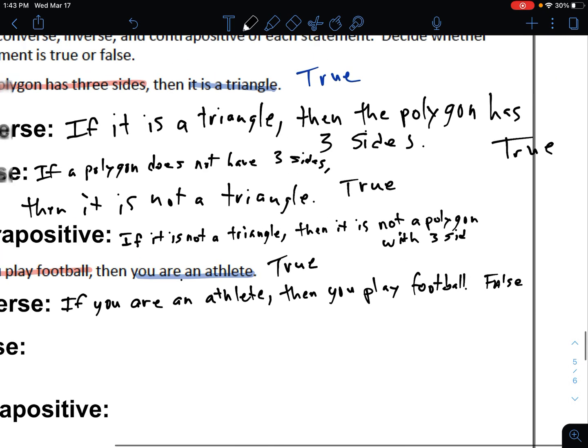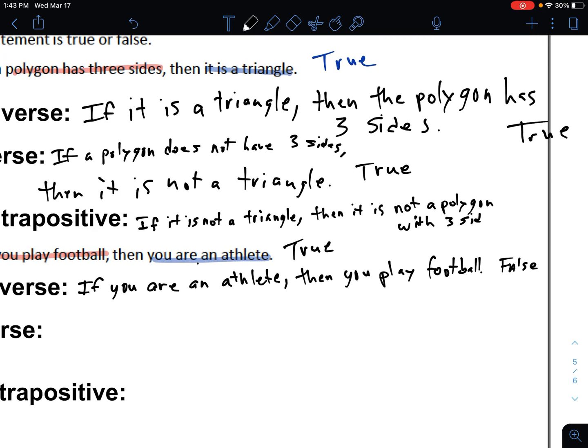And why is that the case? Well, to be an athlete, you could play multiple different sports, right? So it doesn't have to mean you play football. The counterexample to that would be any other sport besides football. So that's a false statement.